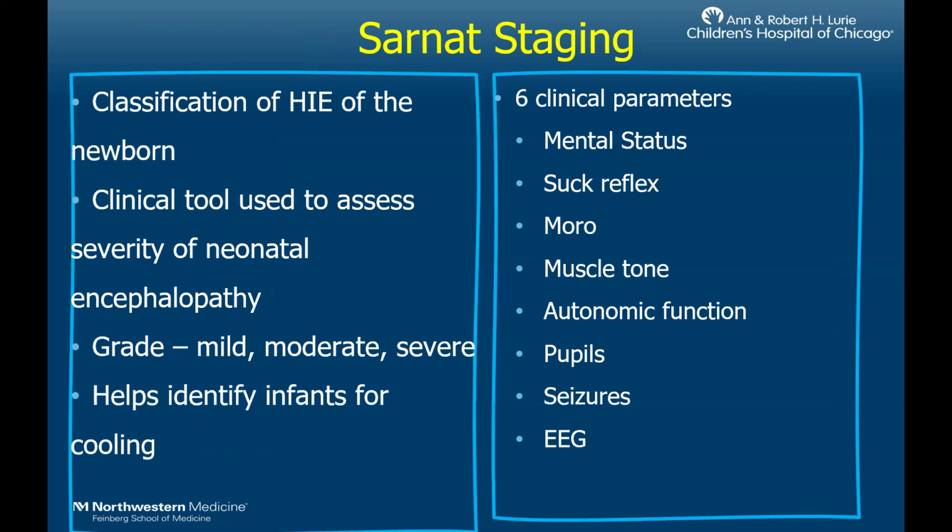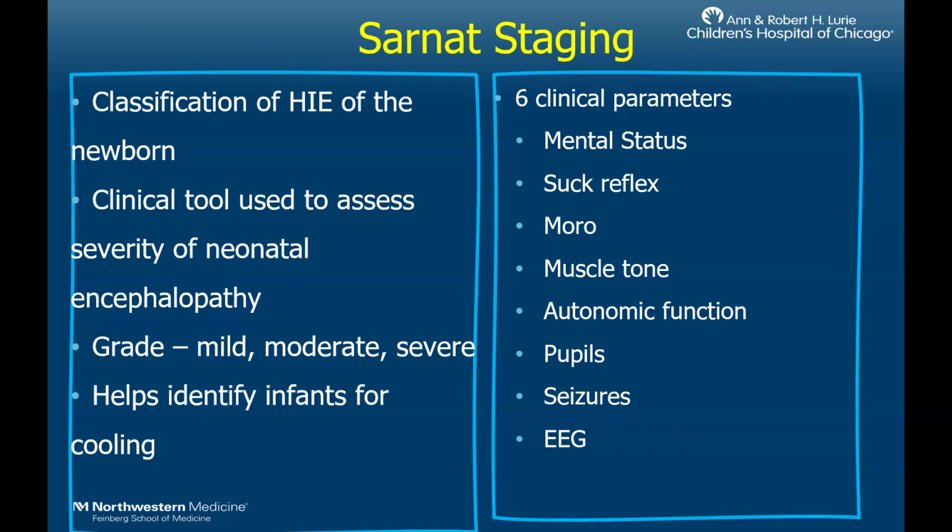The Sarnat staging, or an adapted version of it, is used by our health providers, and it was first described back in 1976. Basically, this helps describe the severity of encephalopathy. It is a classification system used clinically and graded into mild, moderate, and severe, and it helps identify infants that require cooling, which we'll discuss on subsequent slides.